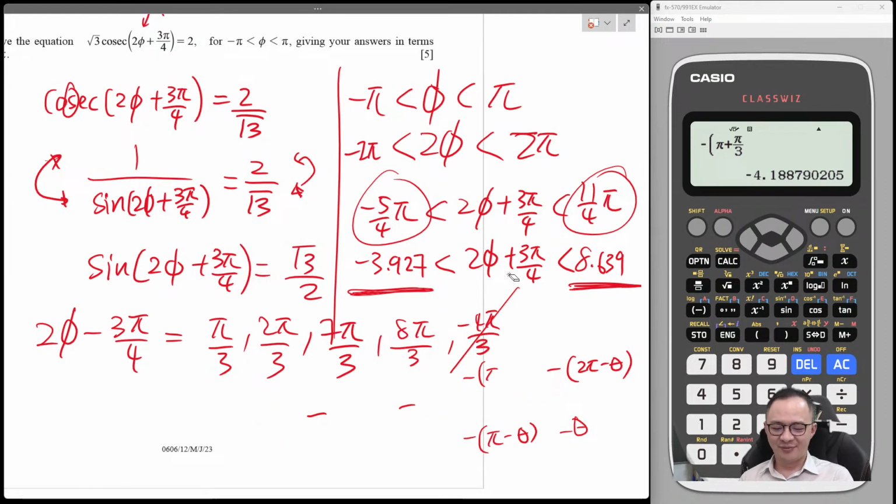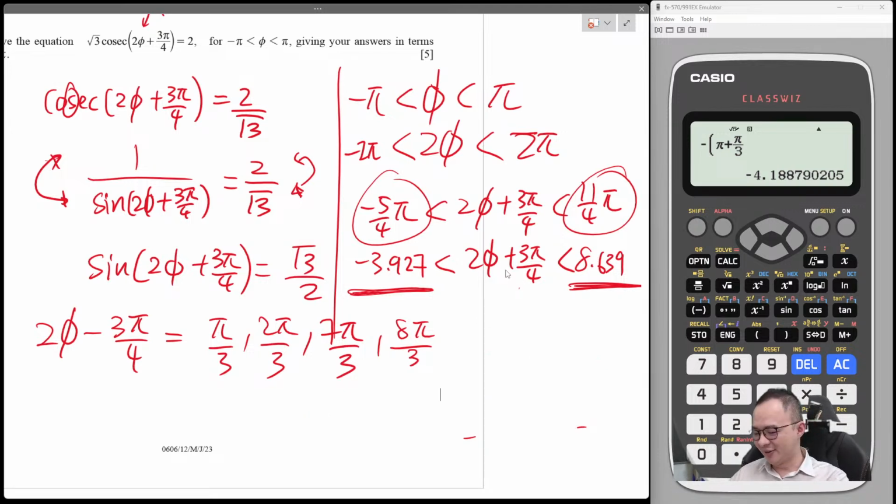Huh, really? I don't know. Recently they love negative angles, but this one seems like we don't have any negative angle. Am I making any mistake here? Negative 2 pi. Oh, so I think I made some mistake. Negative 2 pi plus 3 pi over 4, right? Yeah, negative 5 over 4 pi.